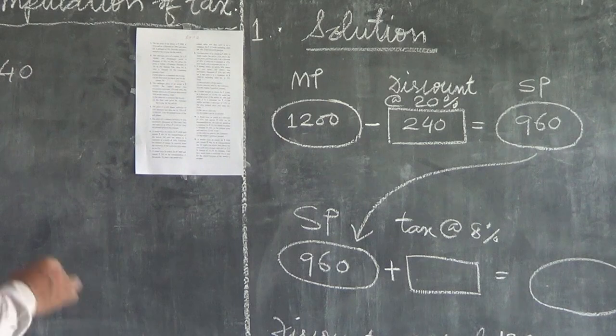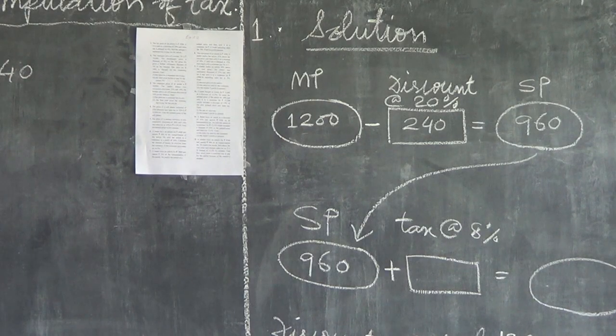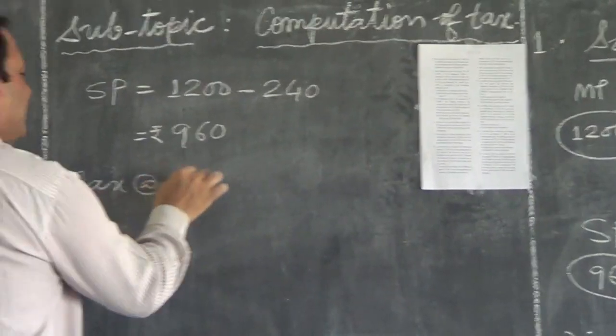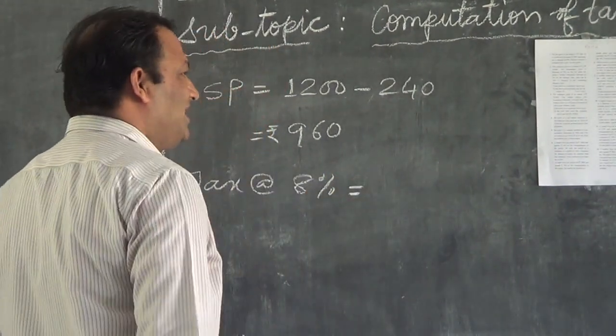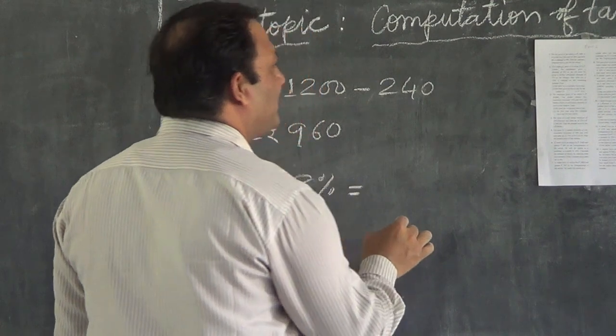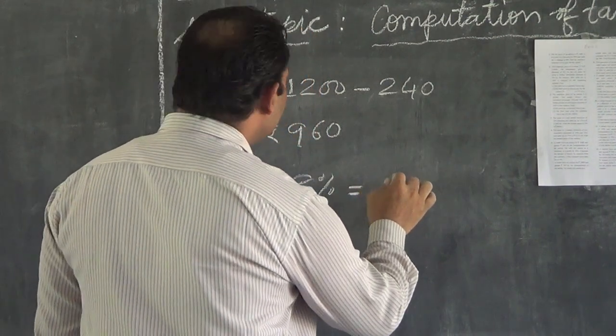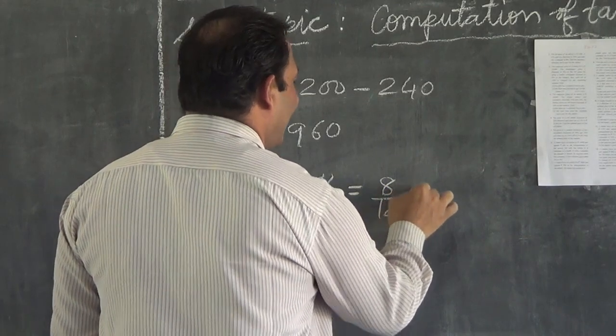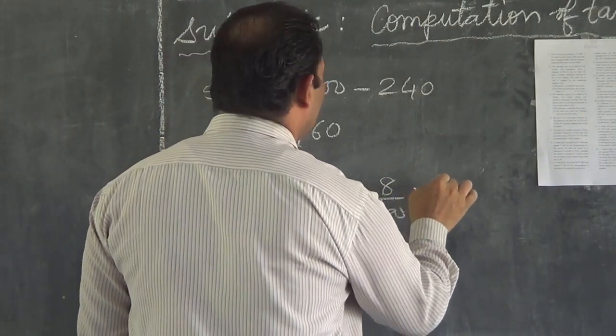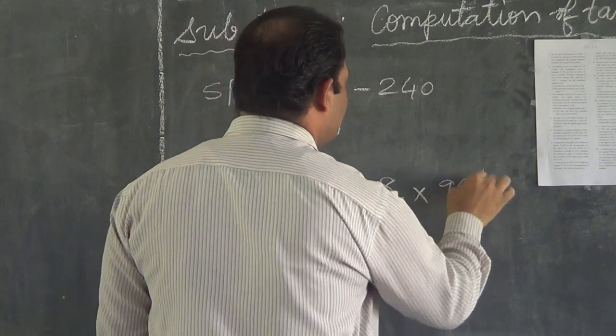Tax at 8%. Tax at 8% equals how much, children? Tax at 8% equal to 8 by 100 into 960.